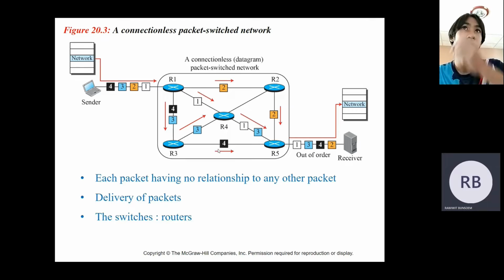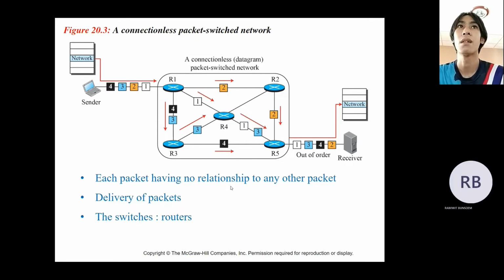The next is connectionless packet switched network. As the sender, we have data 1, 2, 3, 4 sent from the network. The network sends to R1, or router 1.